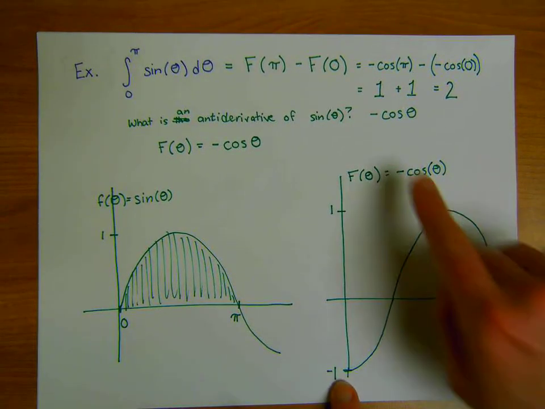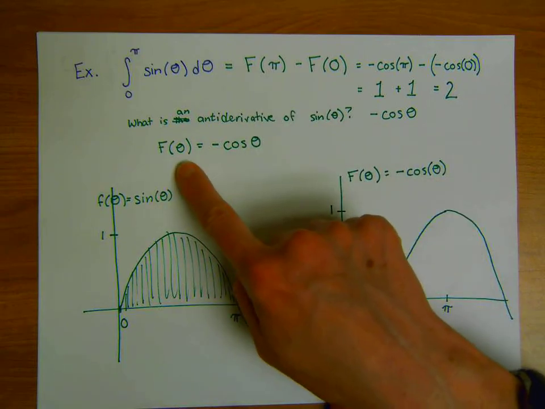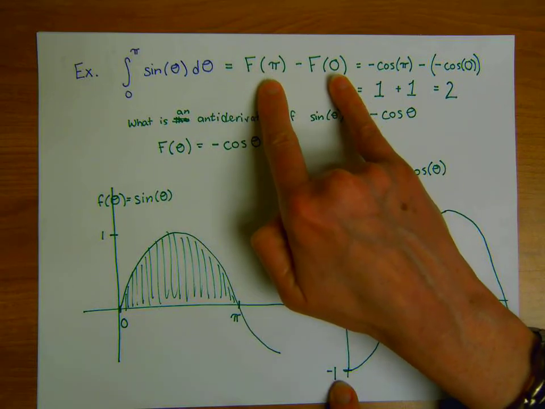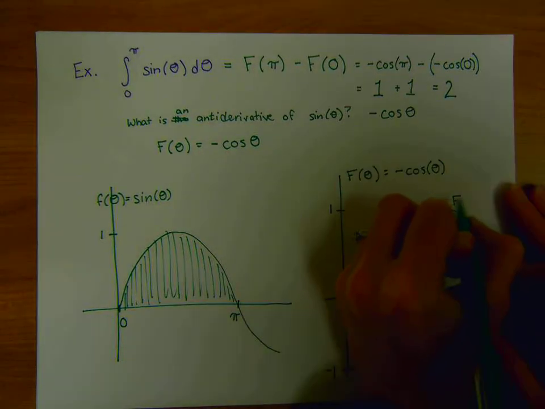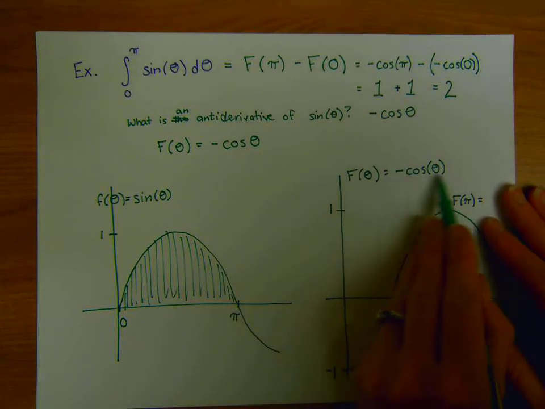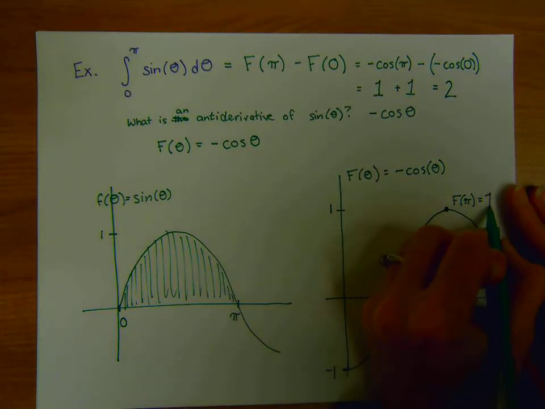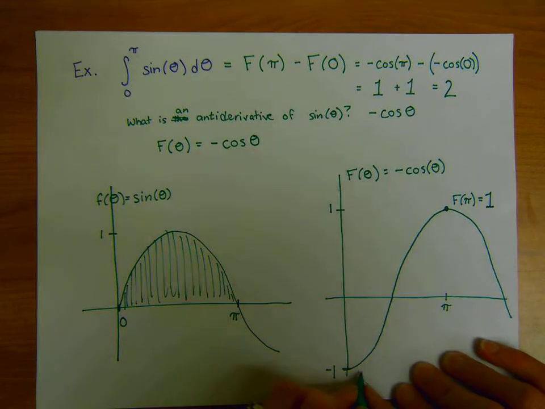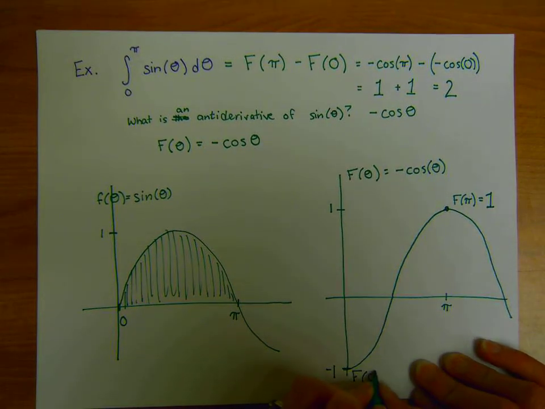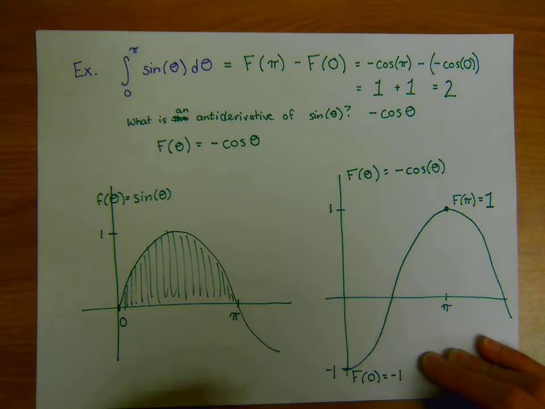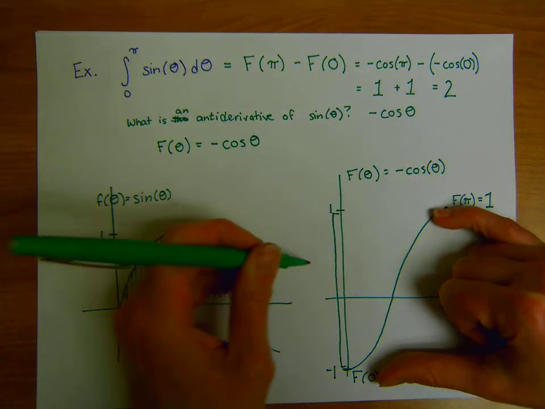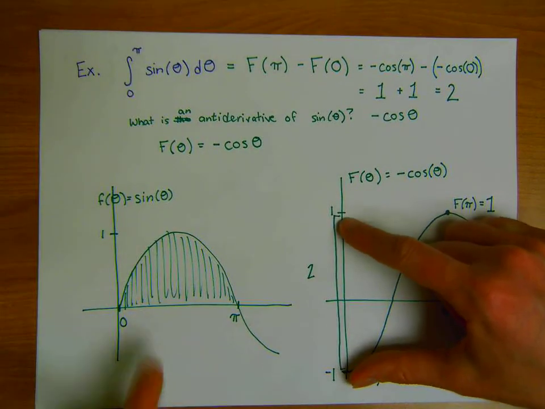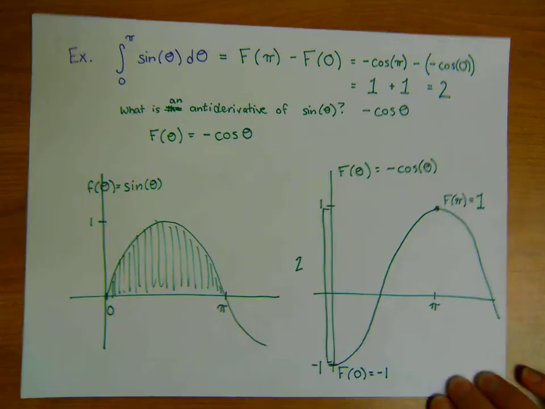So by our net change, the net change in our antiderivative outputs from pi, which, because this function is negative cosine theta, this value is 1. And here we have F of 0, which is down here at -1, and our net change is exactly 2, which is what we found when we computed our antiderivative.